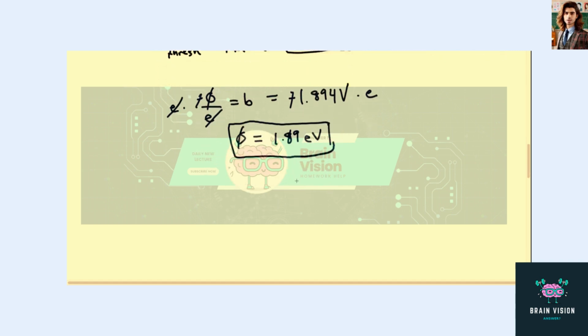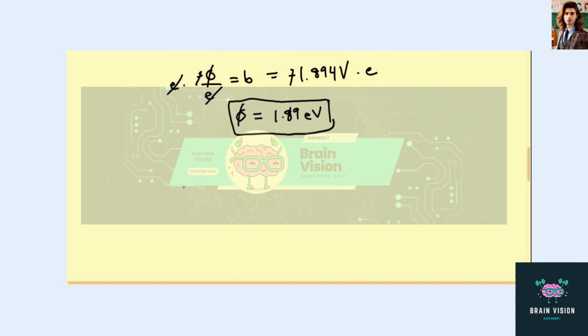And the last question is find the value of Planck's constant given the value of E. So our slope, which is m, is equal to h over E. So our h value is equal to m times E. We know what our slope is. And we know what E is. E is the charge of an electron.